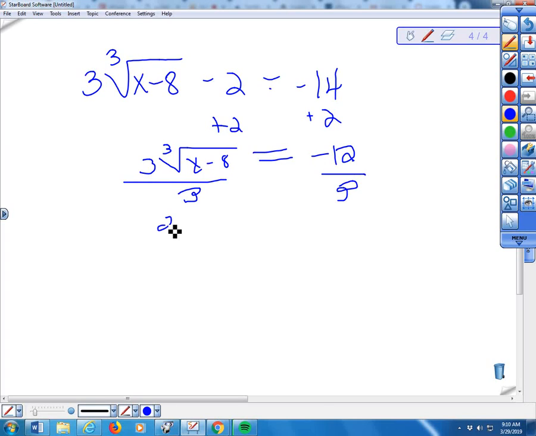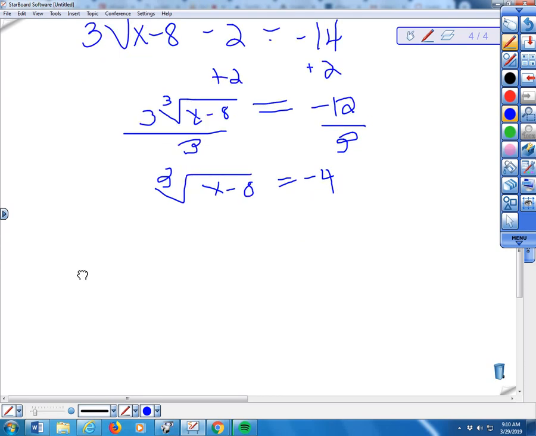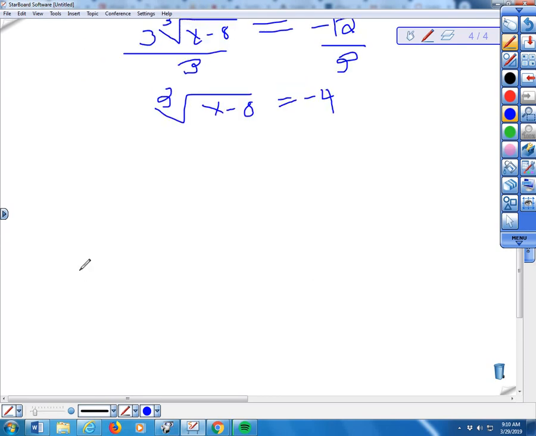So I have the cube root of x minus 8 equals negative 4. And now I'm going to cube both sides to get x minus 8 equals negative 64.